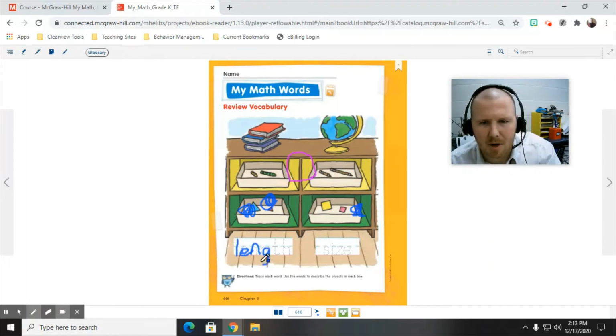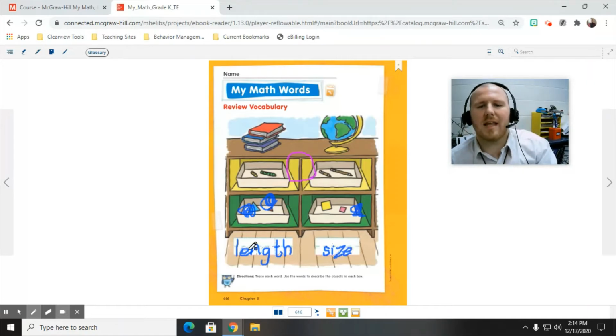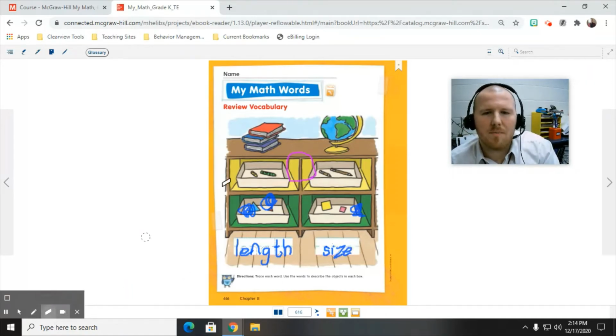I know my marker's not as perfect as yours because mine's on the computer, but if you have a pencil or a crayon, you can trace these. The first one is length, and this one is size. Got a sneaky E in there. So it's length and size. We're looking at the length and size of these objects.